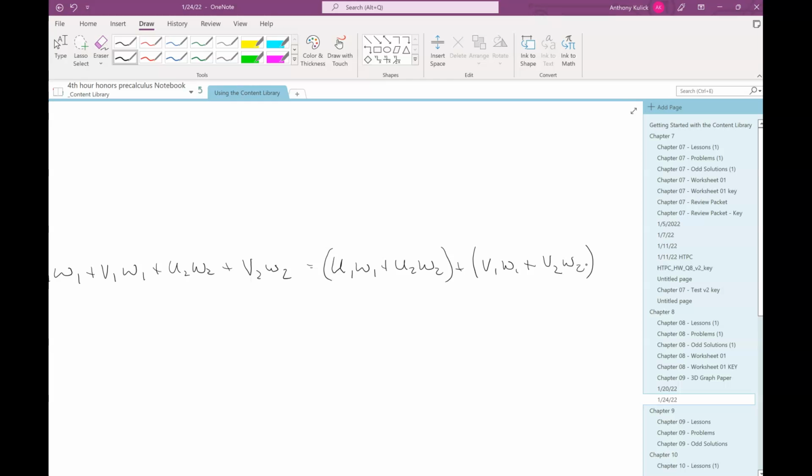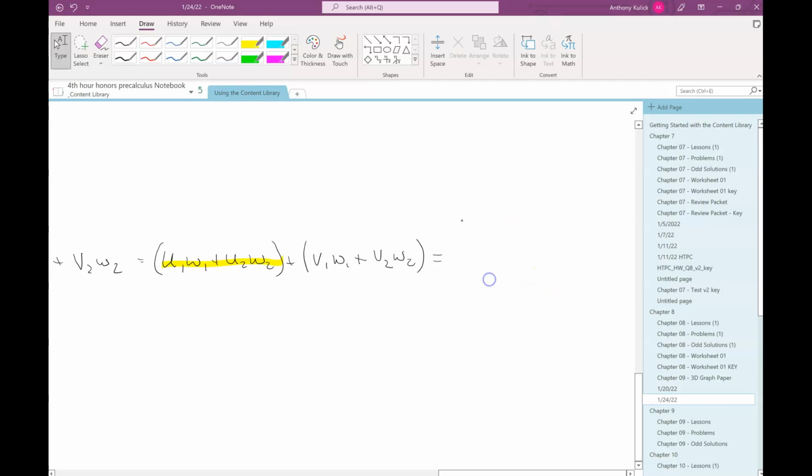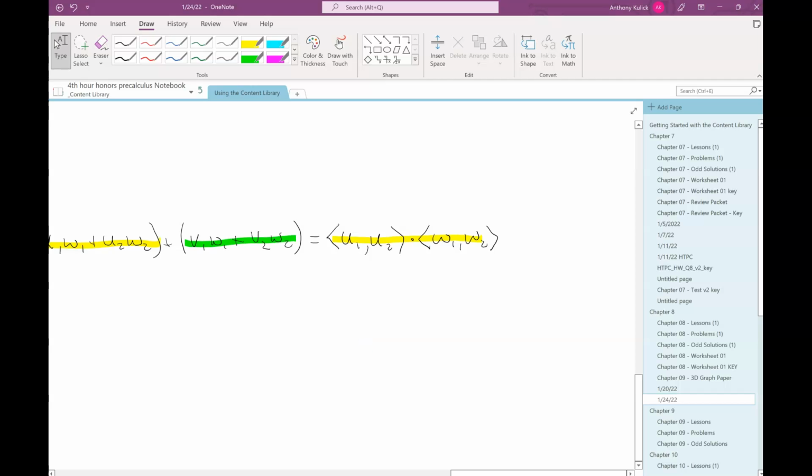Yes? Now if I look at this piece that's highlighted, that's the definition of the dot product between u and w. And this piece in green is just the definition of the dot product between v and w.